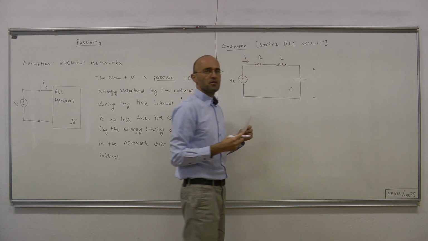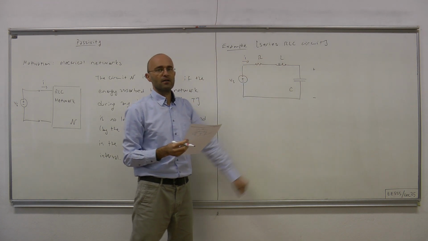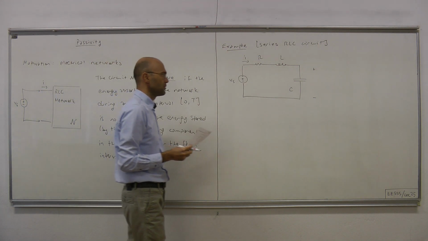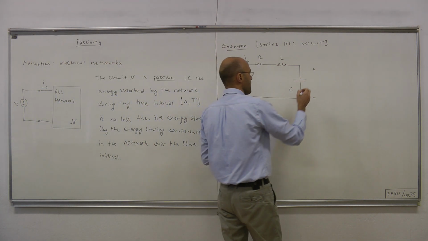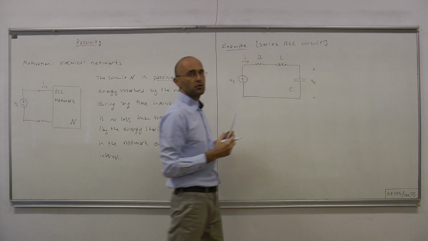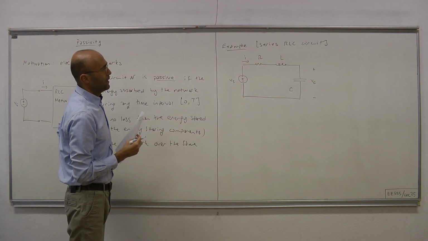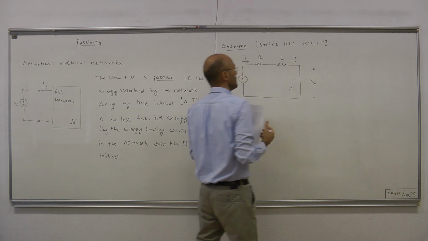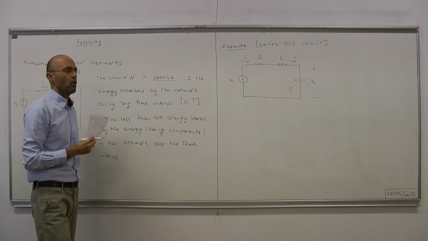The energy storing components are the capacitor and the inductor. The energy stored in the capacitor is proportional to the square of the voltage across its terminals, and for the inductor it's proportional to the square of the current passing through the coil.